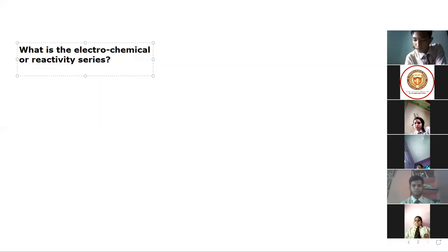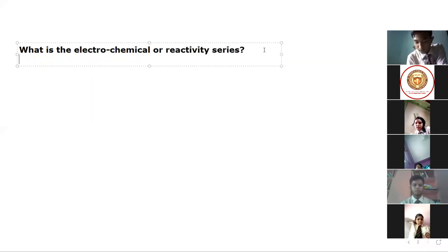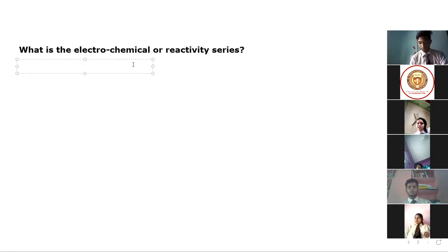Any idea? Nandini, tell me. Reactivity series is the series in which the metals are arranged in their increasing or decreasing order of reactivity. Very good. Well done.